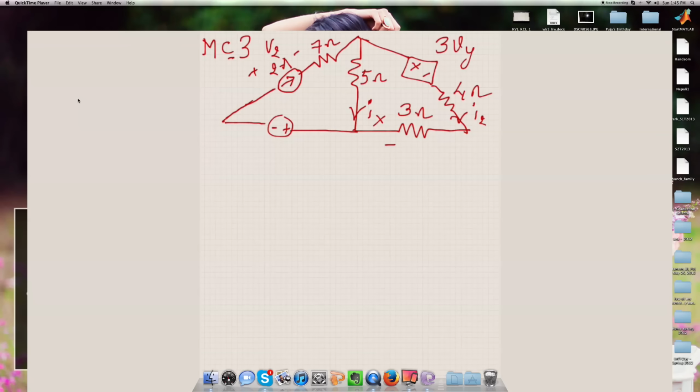There is plus and minus V sub 1. Okay, and we continue this path here.